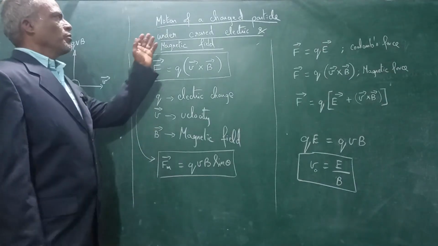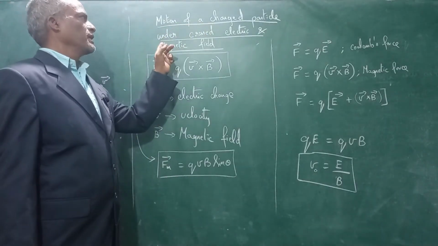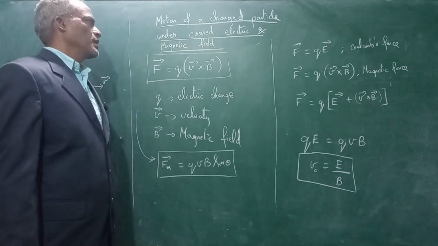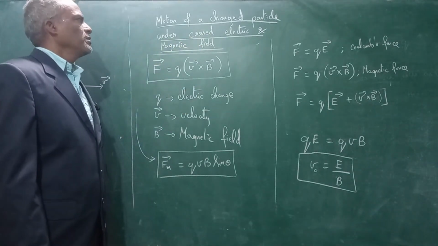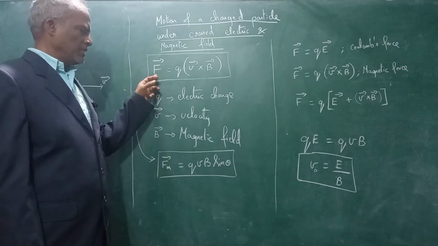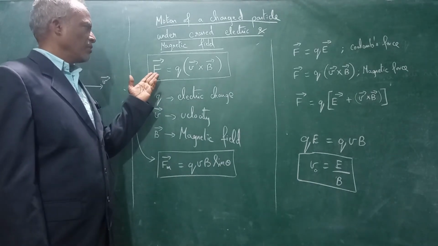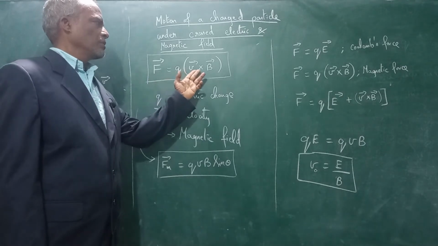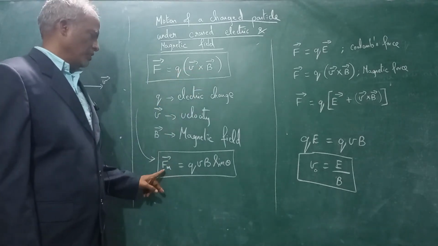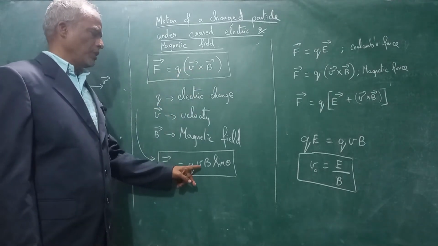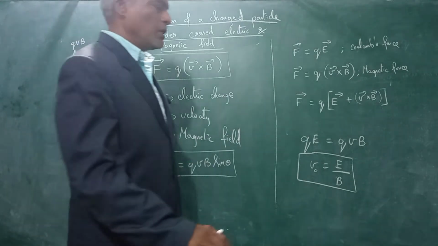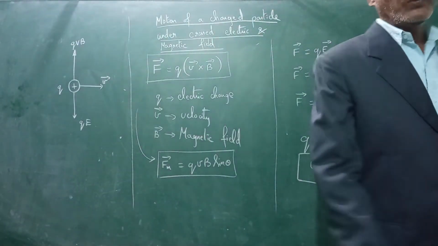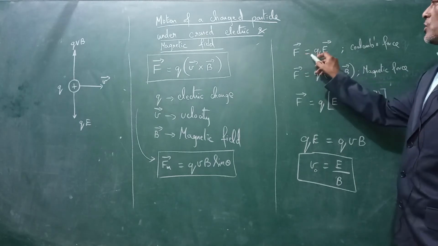Now we will see the motion of a charged particle under crossed electric and magnetic fields. The magnetic force we already saw is given by Q into V cross B. The final equation is magnetic force equal to QVB sine theta. Similarly, by Coulomb's law, we know that force is equal to QE.